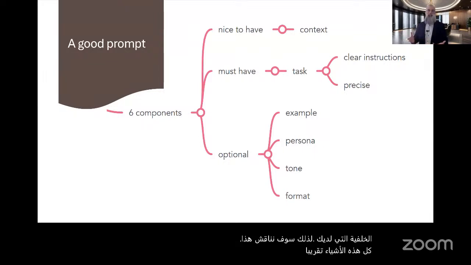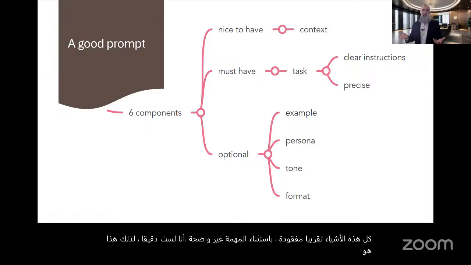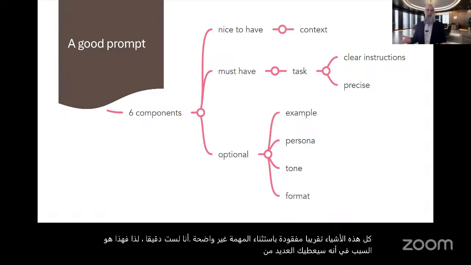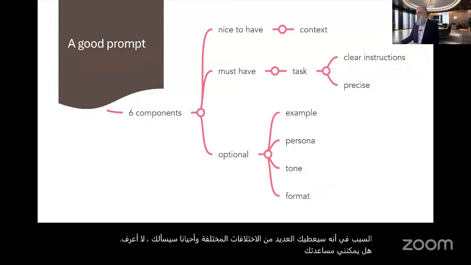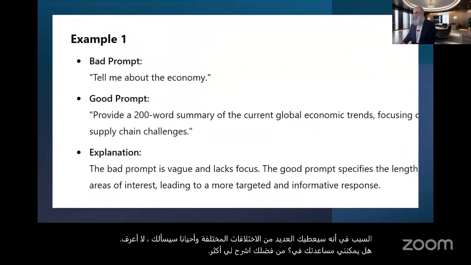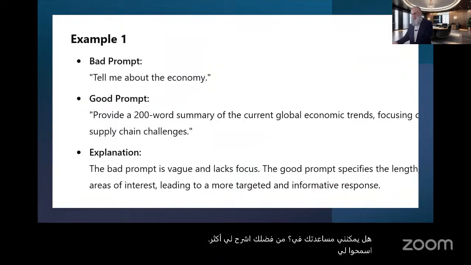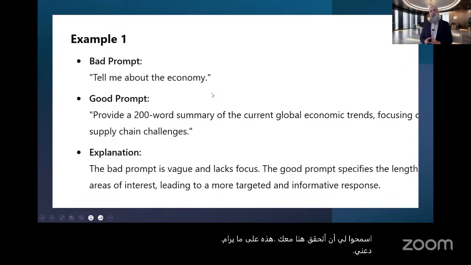This is why it will give you many different variations, and sometimes it will ask you to please explain more. These are some other bad examples. So, tell me about economy.